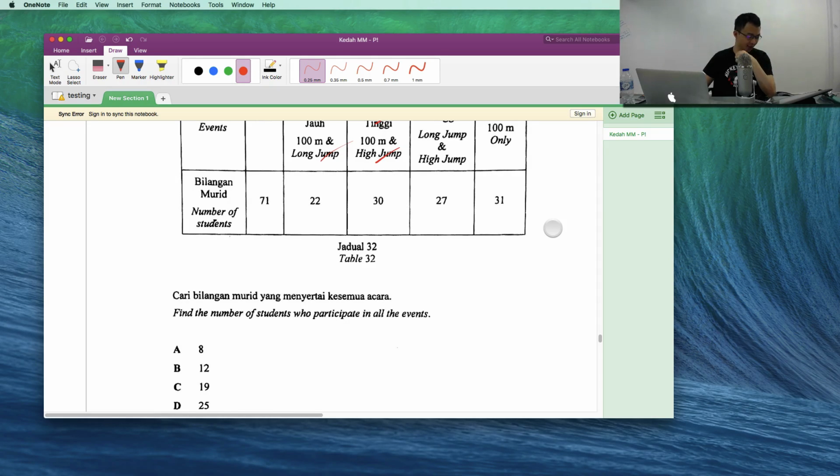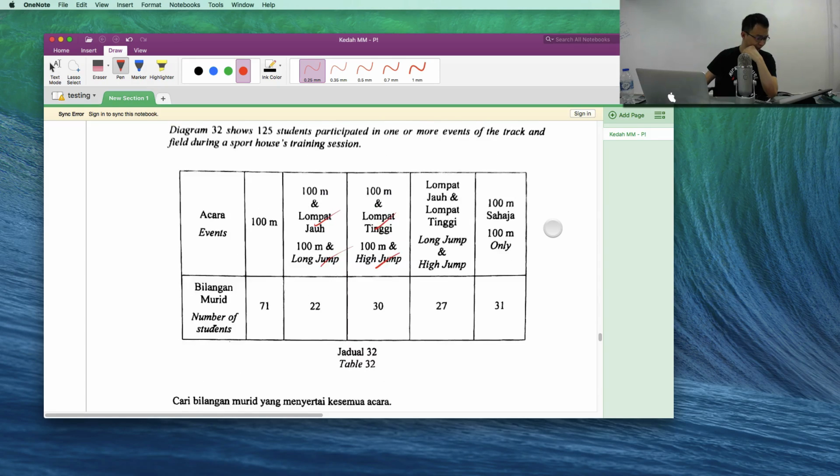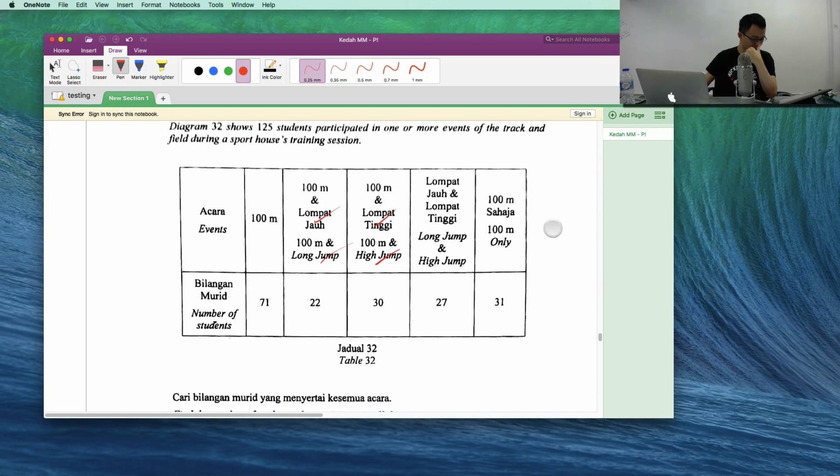Bilangan menyertai kesemua acara. Still have long jump and high jump. So many events here. Lompat jauh, lompat tinggi, long jump and high jump.